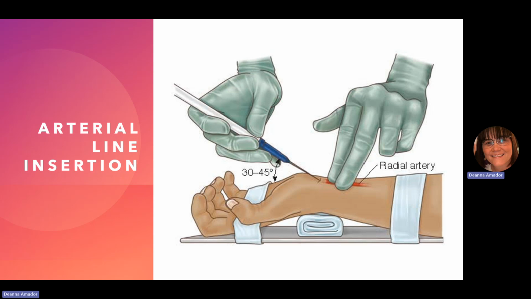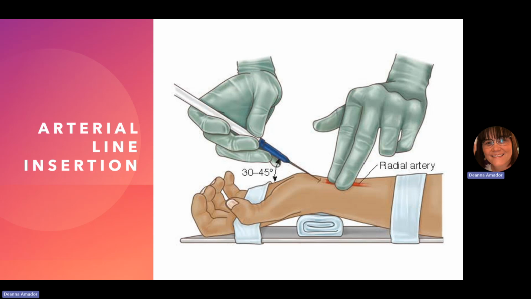That means if my blood pressure, let's say it's 110 over 55, it'll say 110 over 55, and then after that, it'll have in parentheses a number. That number in parentheses is the MAP.